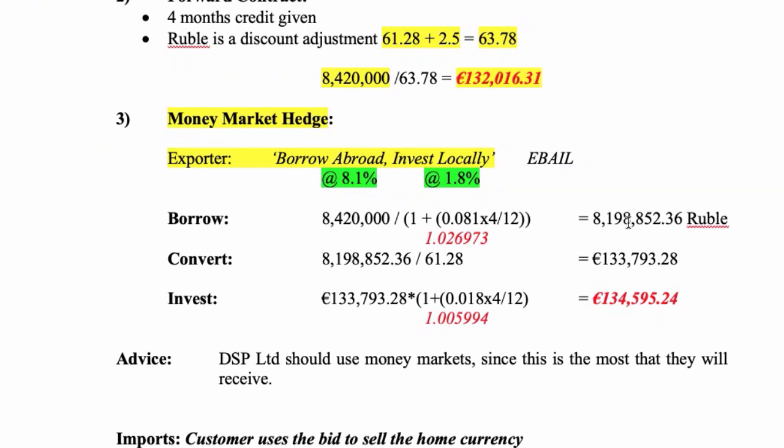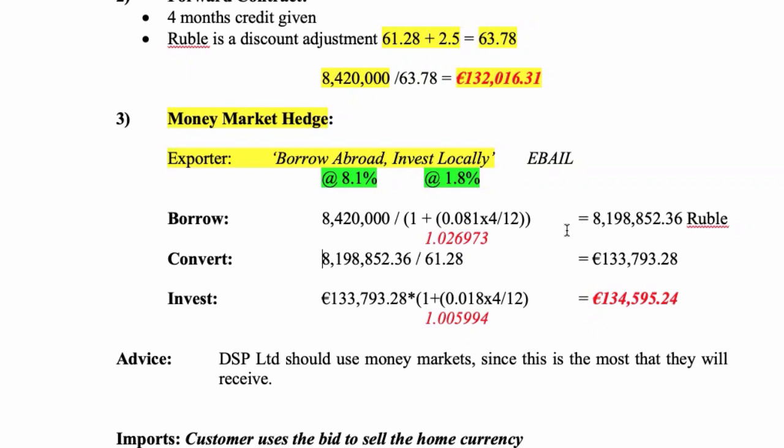Not that I'm going to be asking you this in the exam. It's just the expectation that you'll understand what's going on here. So I won't be putting you on the spot in the exam as to why. But just a note, if you have that query, the reason why I'm not converting the 8.42 million, taking it all back, is I want to leave a little bit behind so that it'll pay off the interest, the 8.1% over that 4-month period.